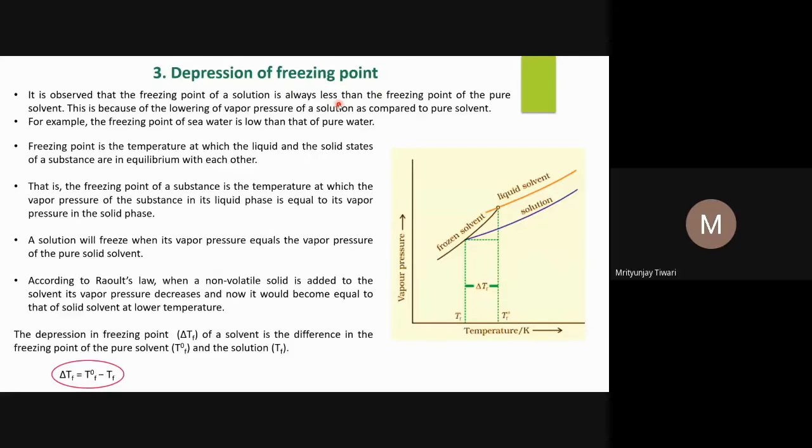For a particular pure substance, this temperature is the same value. The only thing is, when I say melting point, I am going from solid to liquid, and if I am saying freezing point, I am going from liquid to the solid state.